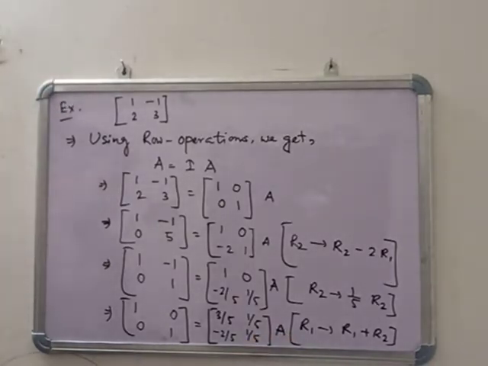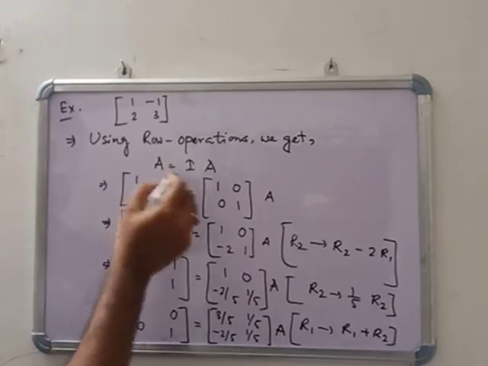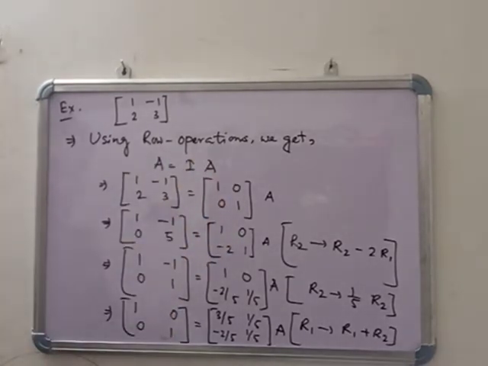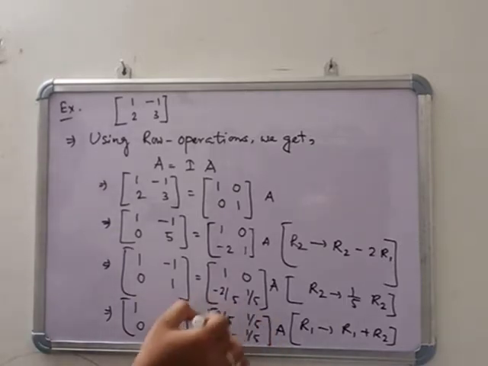That means we have transformed A equals IA into the form I equals BA, right? As we had discussed previously. So this is the B, and B means A inverse.